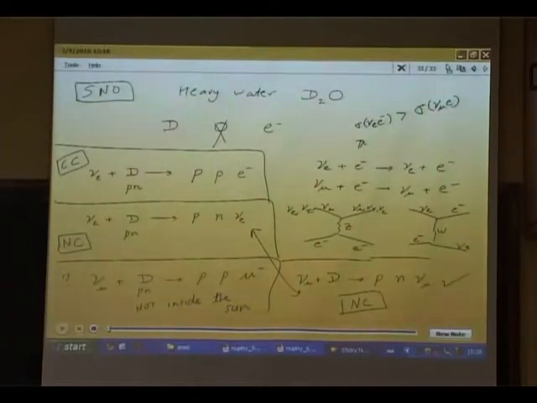The cross section consists of both parts, charged and neutral current, and this cross section is clearly more than this because this has more channels. In fact, it is a lot more. So, rule of thumb is sigma of nu E electron is nearly equal to 6 times sigma of nu mu electron. So, the electron neutrino cross section is a factor of 6 higher than the muon neutrino cross section.